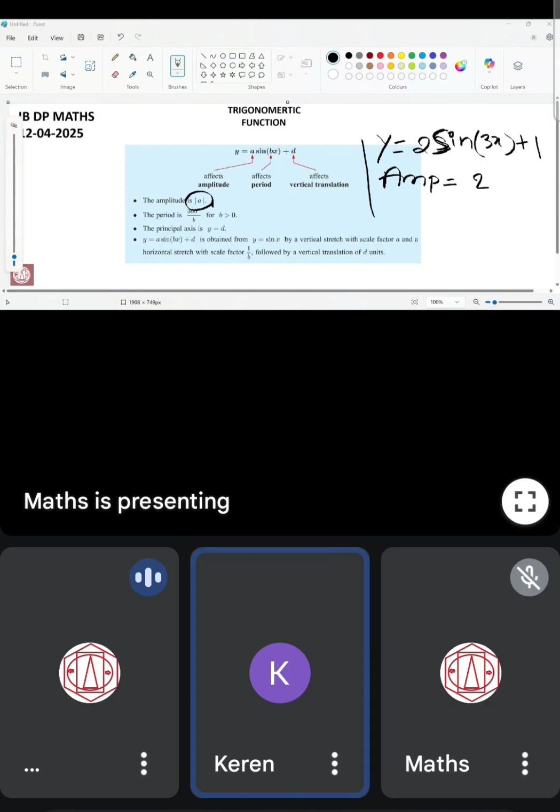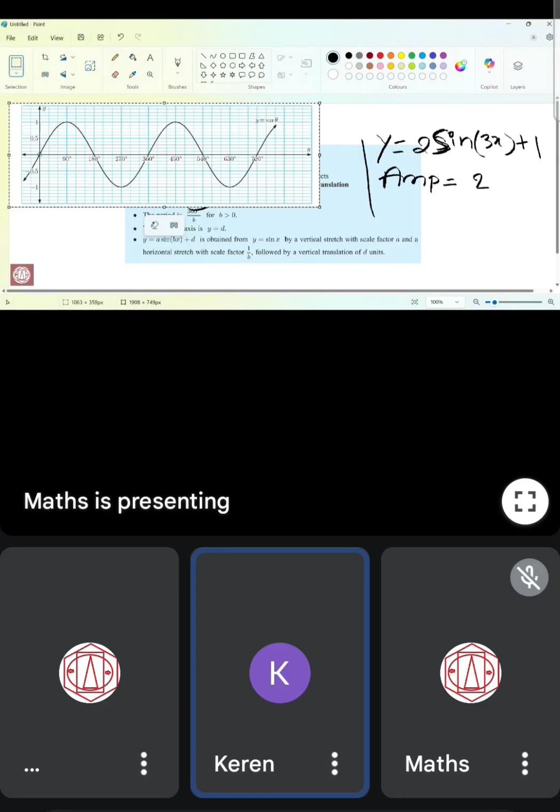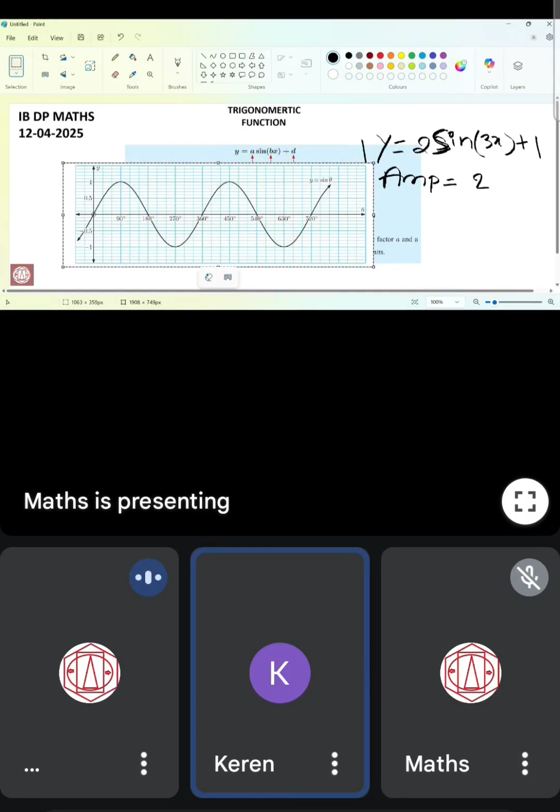That domain is called period of the function. Just look at this. Over here, you can see the graph is starting from 0, going up till 1 on the y-axis, and again going down at 180-degree on the x-axis, going down further till -1 on the y-axis, and it comes back to 360-degree.